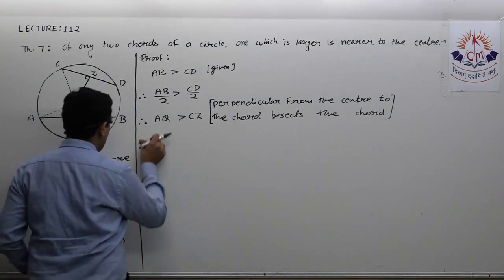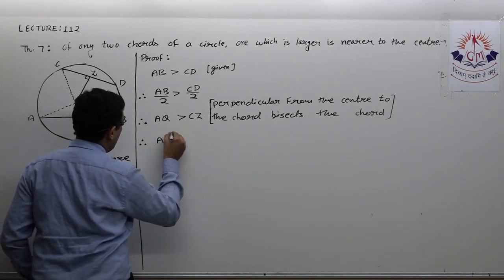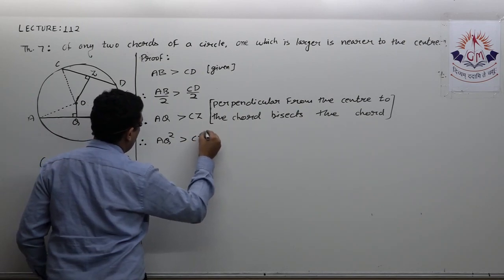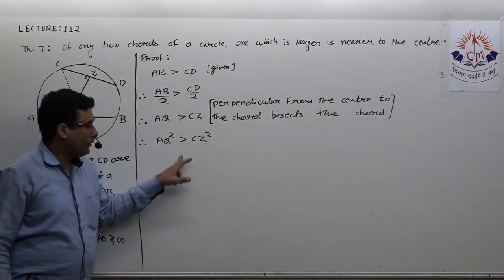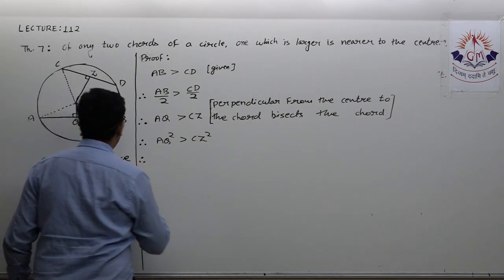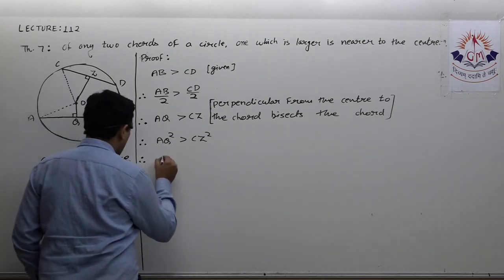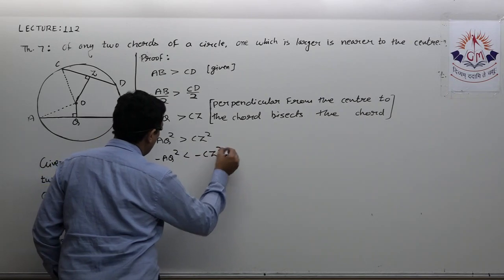Now as AQ is greater than CZ, obviously I can write AQ square is greater than CZ square. Now minus of AQ square will be less than minus of CZ square.